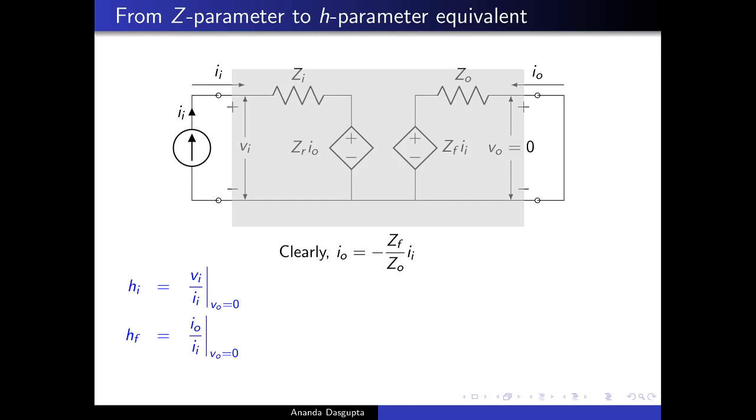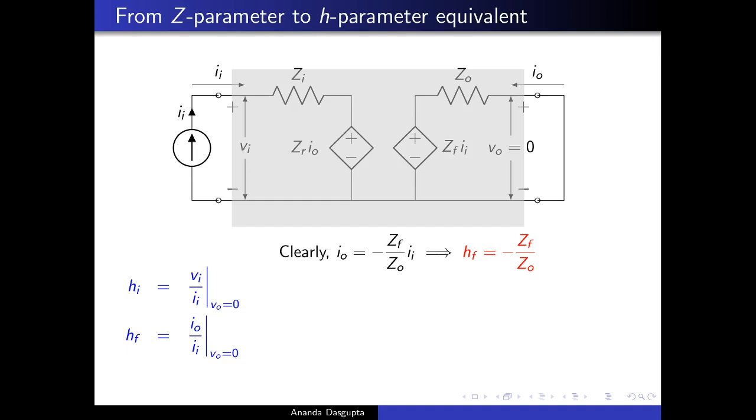Now that I know Io, in terms of Ii under Vo equal to 0, the ratio immediately gives me Hf. Hf is nothing but minus ZF by ZO. Hf, remember, is a forward current transfer ratio. It's a dimensionless quantity. It happens to be the ratio, apart from the negative sign, of the forward transfer impedance and the output impedance.